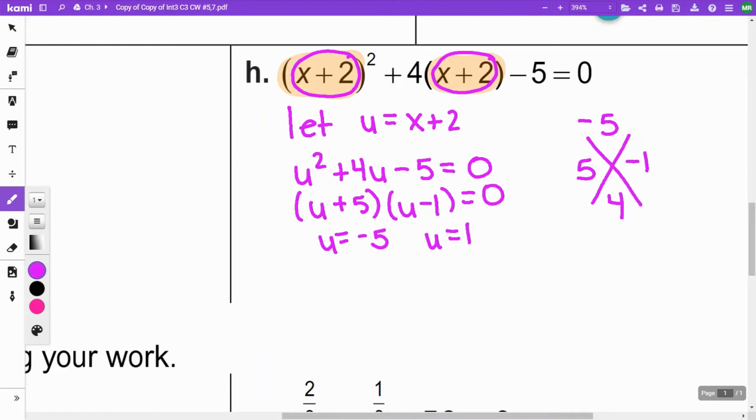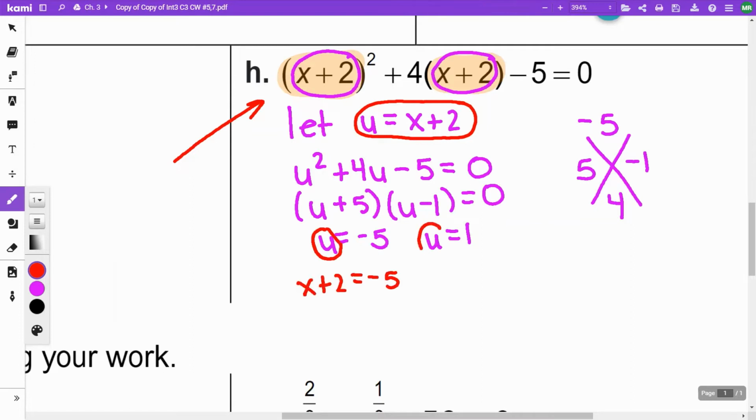Now, there was no u in the original problem if you're looking at it. Remember, we made u represent an x plus 2. So in place of the u, I'm going to write x plus 2. In place of this u, I'm going to write x plus 2.